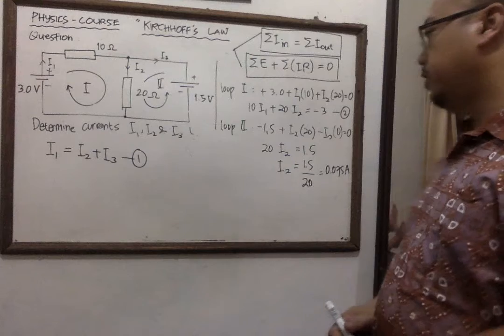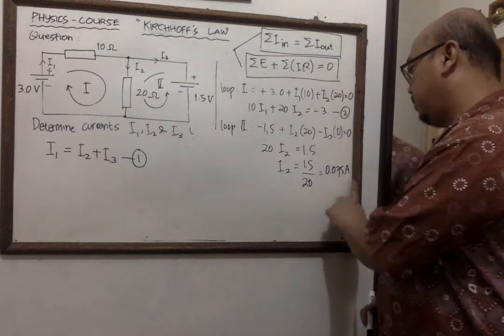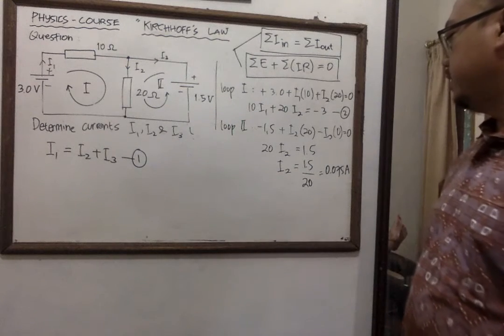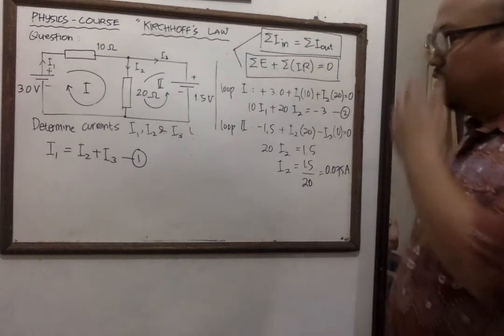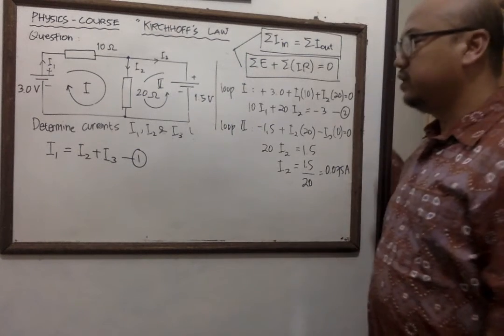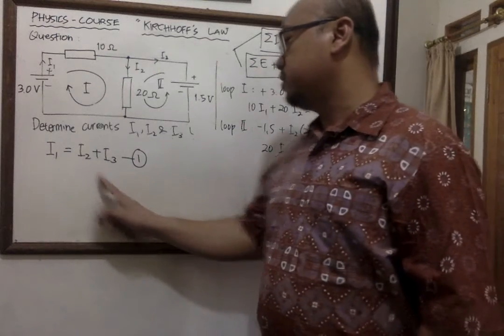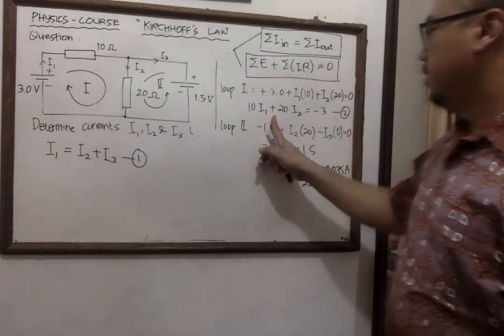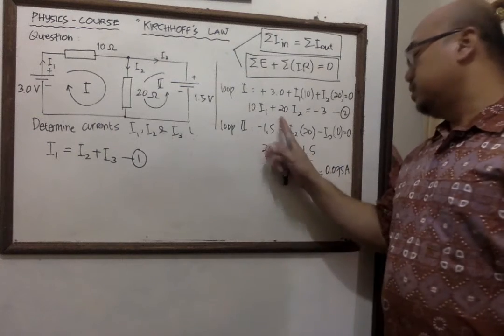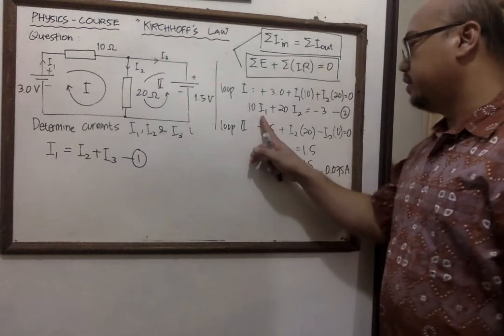We already have I2. What about I1 and I3? We can use equation 2 because we know I2 and can get I1.